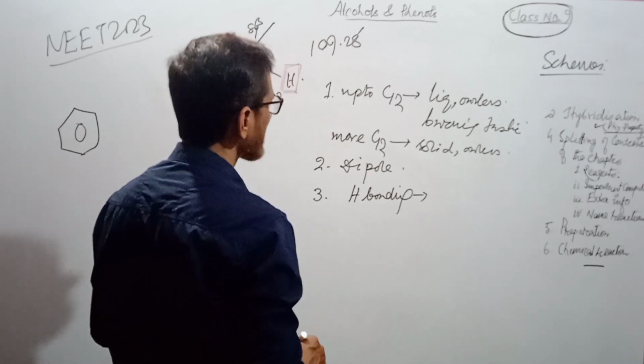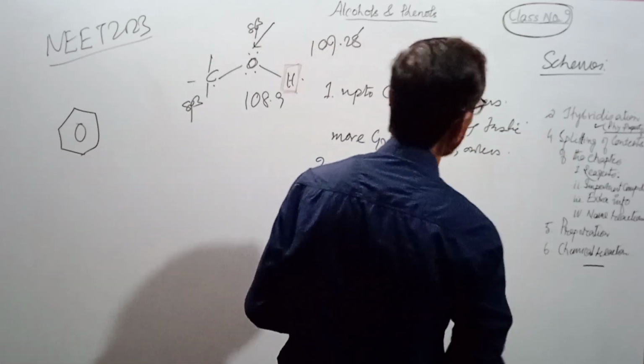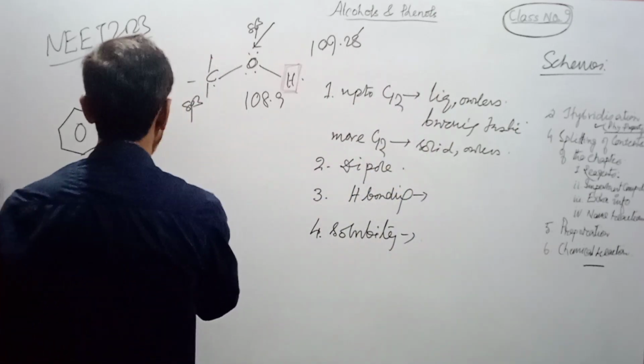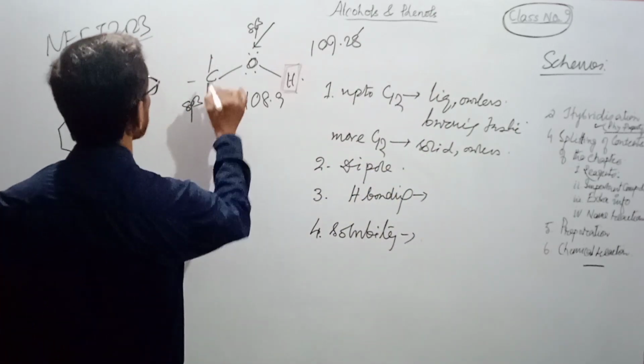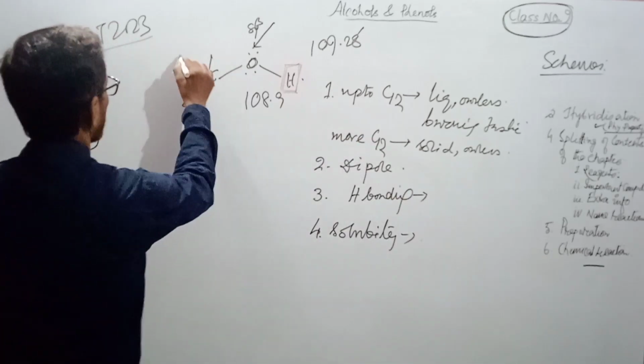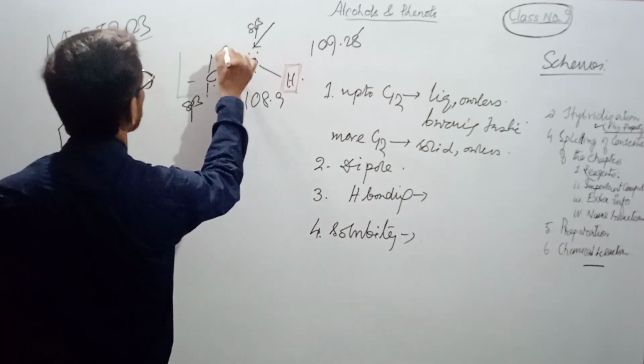Number 3, in terms of physical property in alcohol, there are two parts. One part is carbon, and that carbon chain will extend.